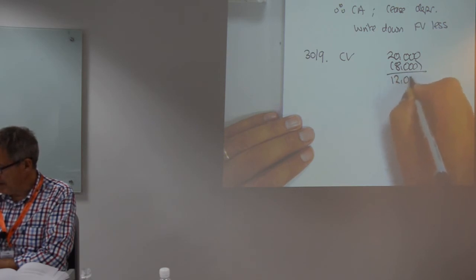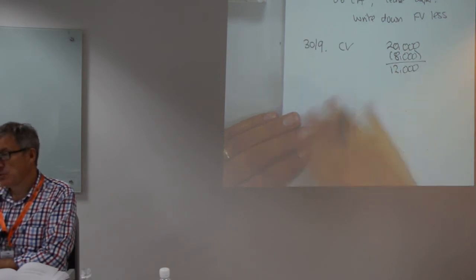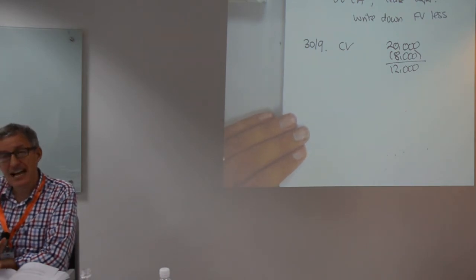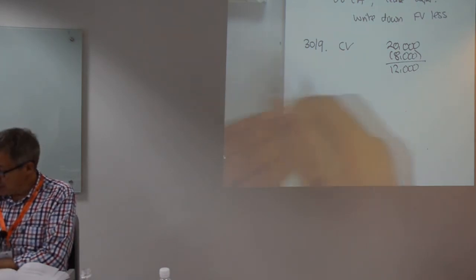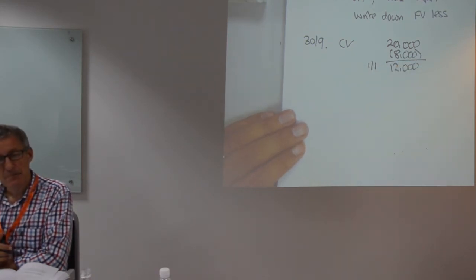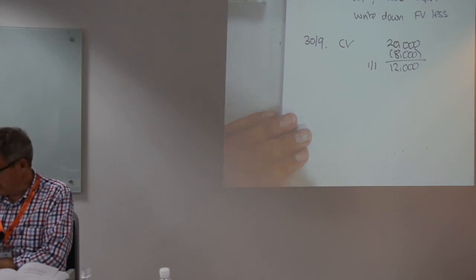Chronologically speaking, the asset would have been in the books at the beginning of the year at 12. So that's at the beginning of the year because the asset is 4 years old.